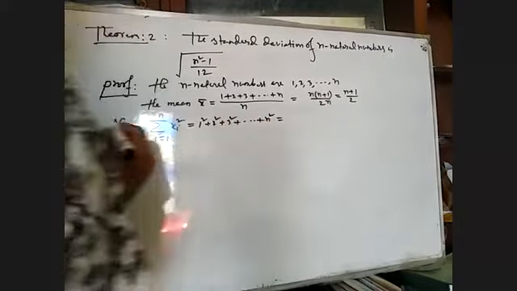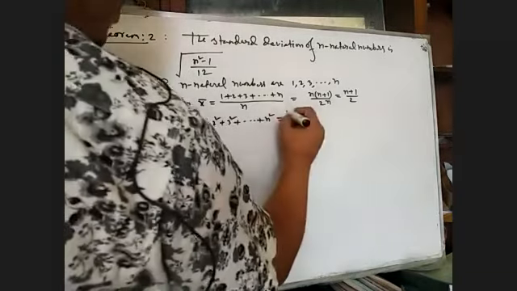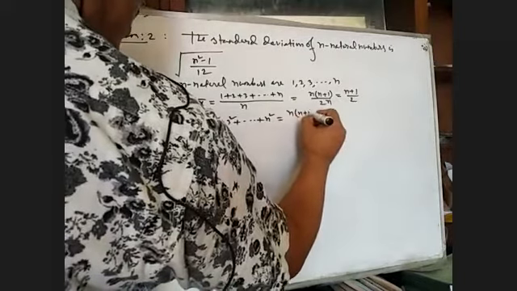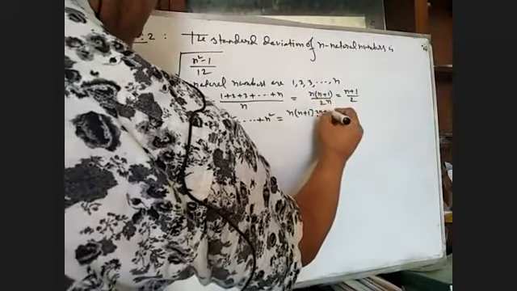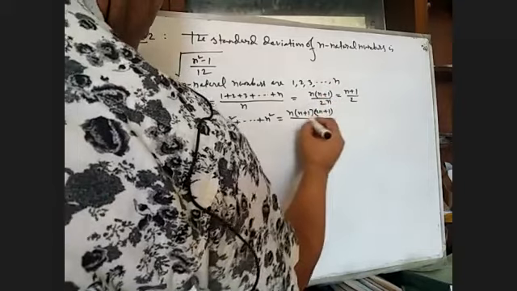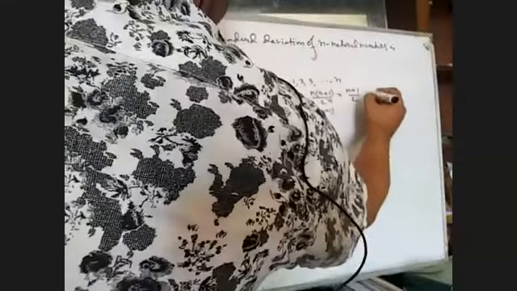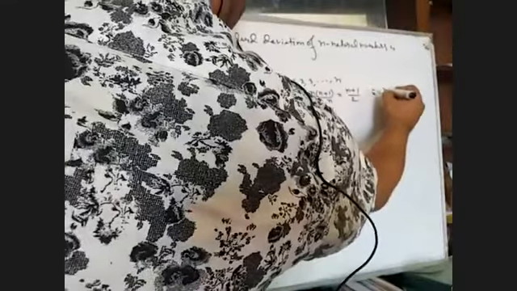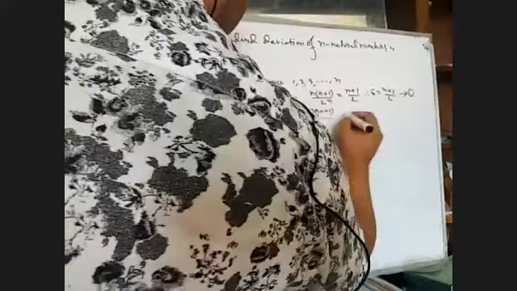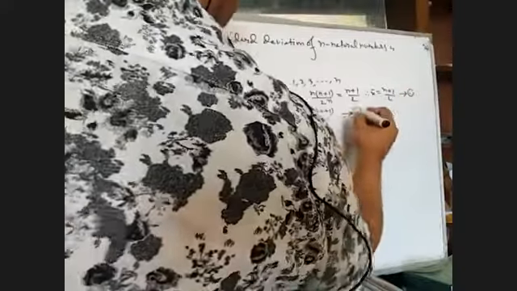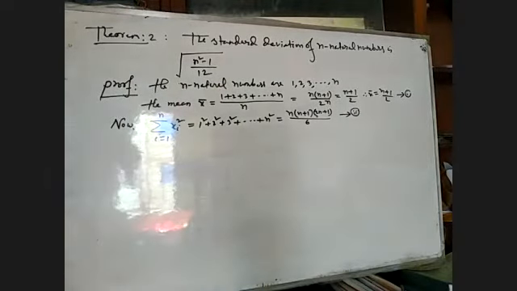You must know the sum of squares of n natural numbers is n into n plus 1, twice n plus 1 by 6. Therefore, x bar equals to n plus 1 by 2 is equation number 1. And this is equation number 2, the sum of the squares of n natural numbers.